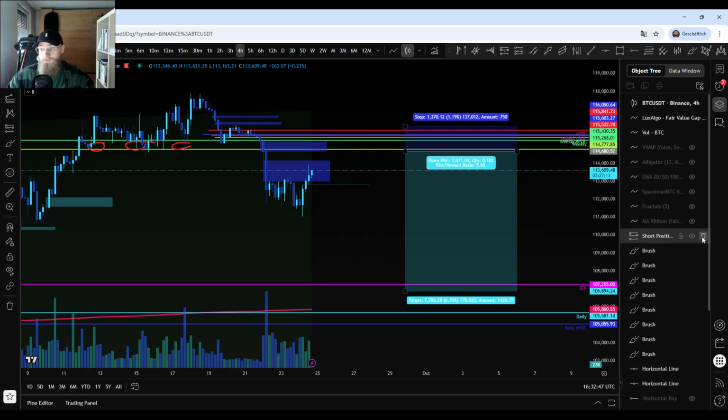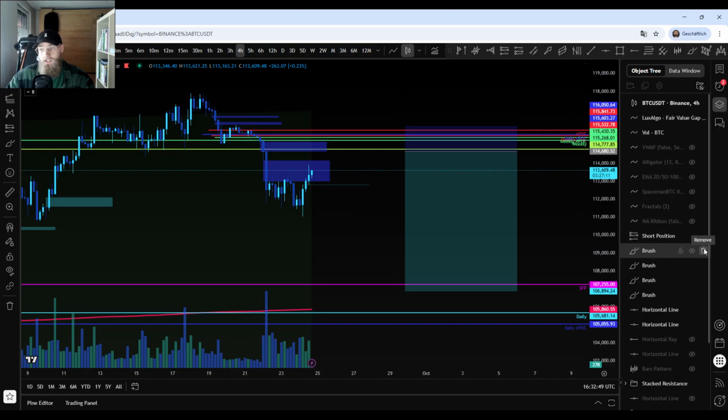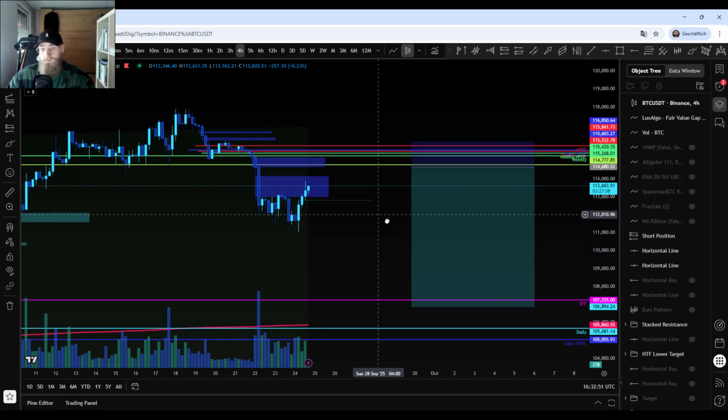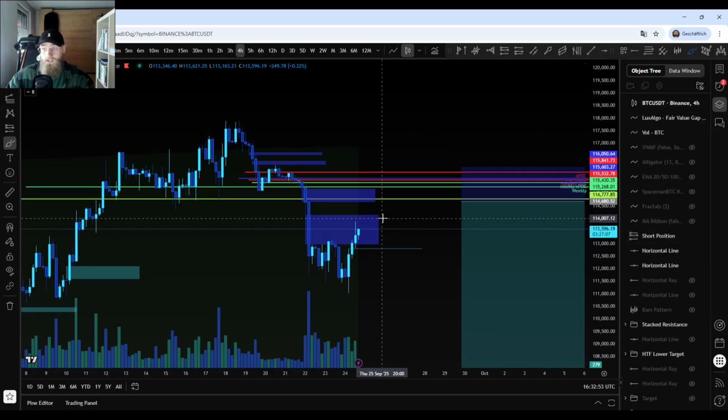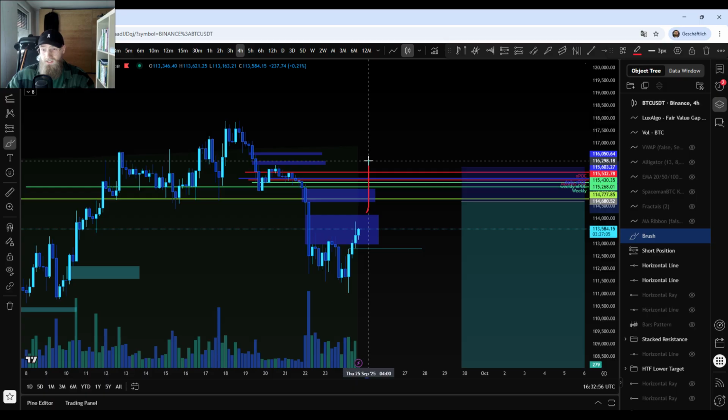If we get a big daily close above, then I would not be interested in the short anymore. So a daily close above 115k, above 115.5k, this would indicate strength to me.